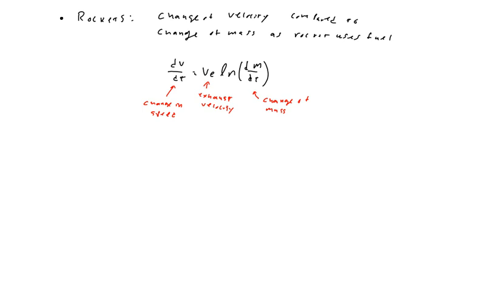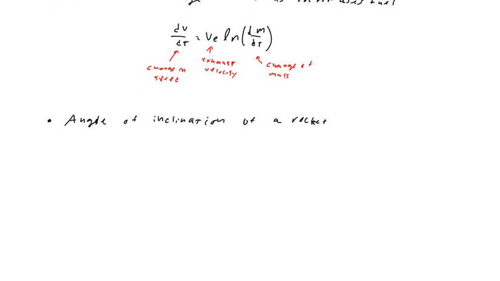Last example is angle of inclination, let's say, of a rocket. So let's say you're a little person, you're down here looking at a rocket, right? Here's the ground. Here's the rocket ship.